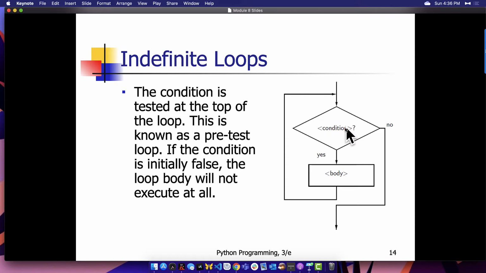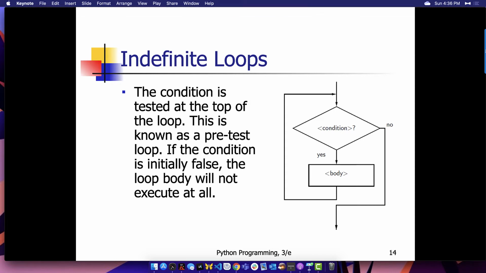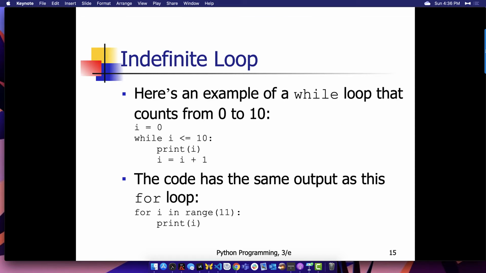But as soon as this condition becomes false, we bypass the body of the loop and carry on with our code. The bullet here says the condition is tested at the top of the loop. This is known as a pre-test loop. If the condition is initially false, the loop body will not execute at all, not even once.